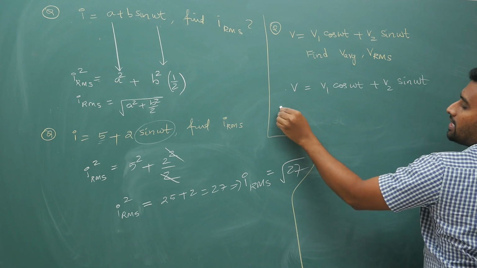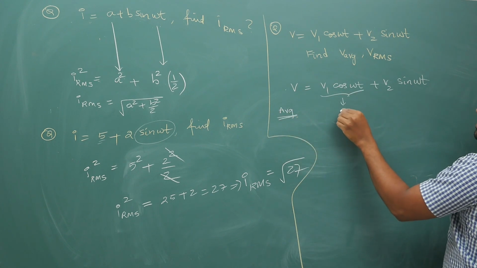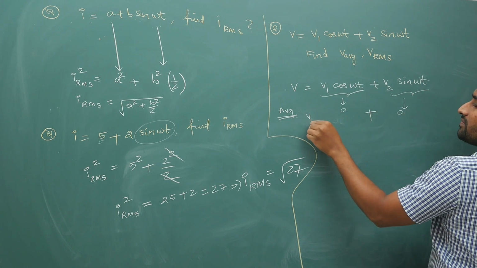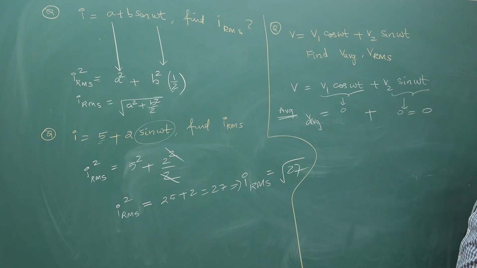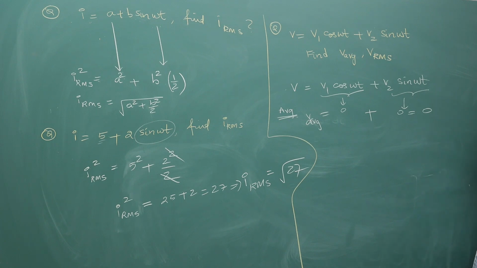The question is, find V average and V RMS. So your V average: if you take the average of the cos term, 0, and the average of the sin term, 0, 0 plus 0, your V average value is 0. Even if you want to do the complete calculation, you will still get the same answer. The integral of V dt over a full cycle will give you 0 only. We know that the integral of cos omega t over a full cycle is 0, so I am not going to do everything.